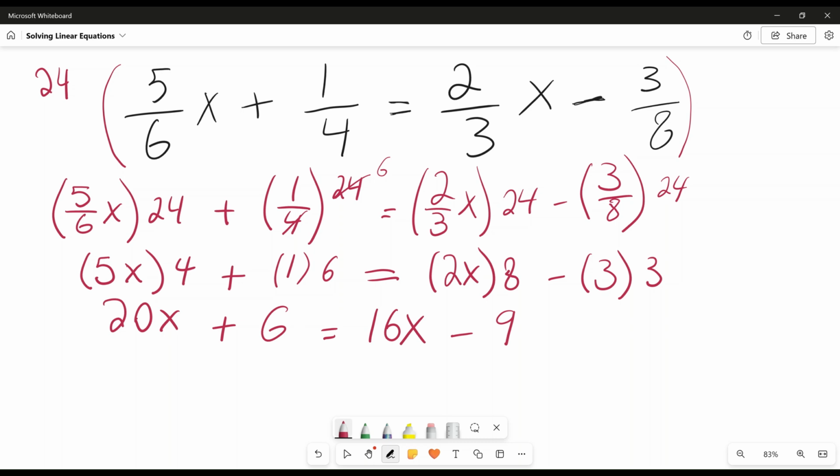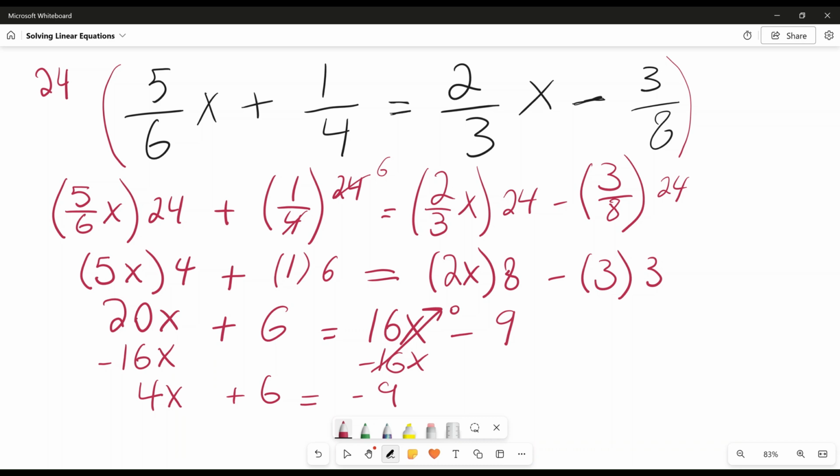Now with this step, I bring together the like terms. So I'm going to move my x terms to the left and my number terms to the right. So I'm going to subtract 16x from both sides. So here I get 4x. And this will just be 0.